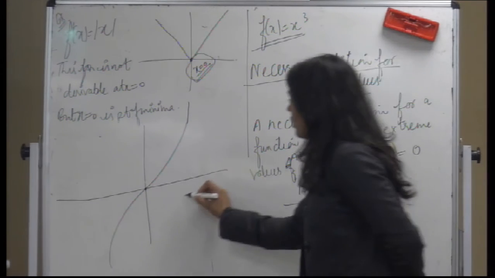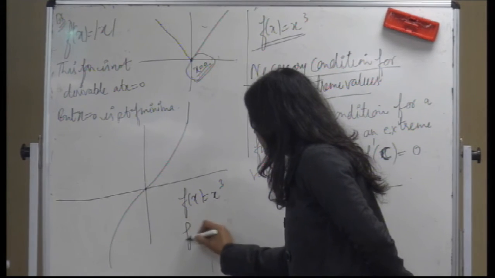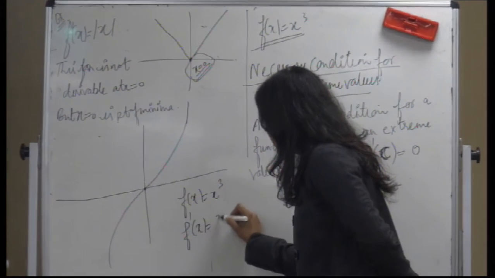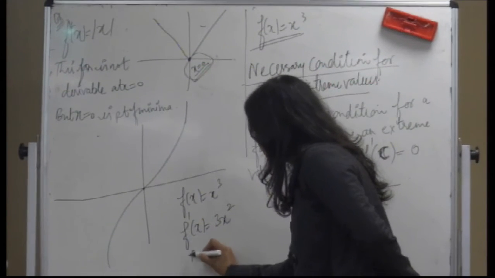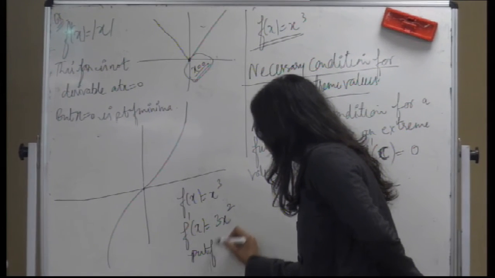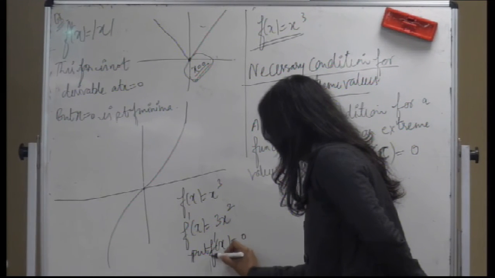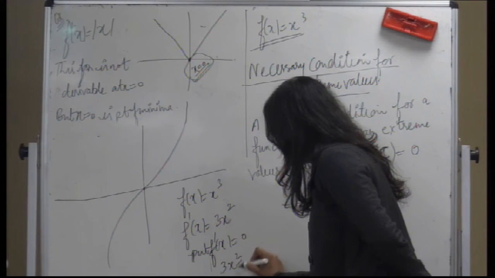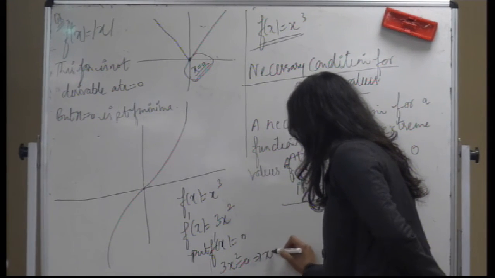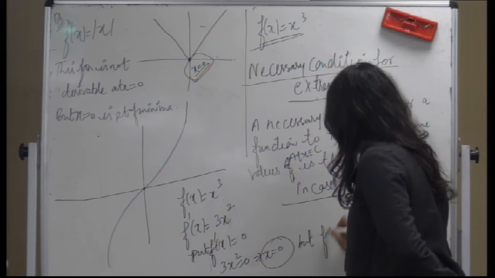So now f x is 3x cube, f dash x is 3x square. Put f dash x equal to 0. What are the critical points? x square equal to 0, it means x equal to 0, but f dash 0 is 0.